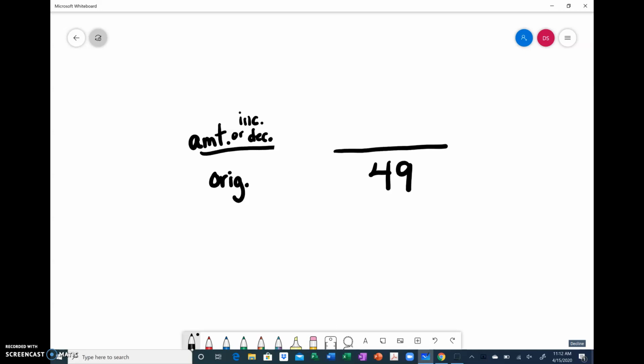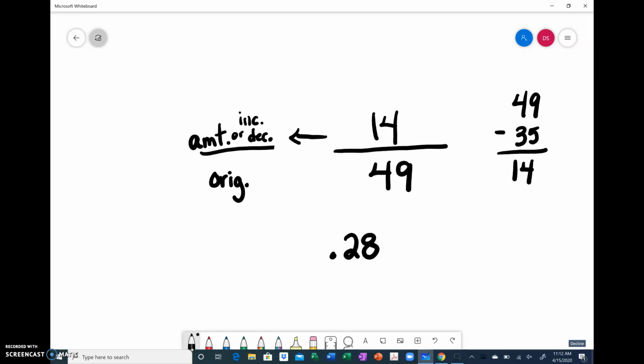So up here in our numerator, we're going to put the amount of the decrease. We're going to subtract 49 minus 35 and see that we get 14. So we have 14 over 49. Using a calculator, 14 divided by 49 gives me 0.28571429. And then my calculator ran out of space, okay?